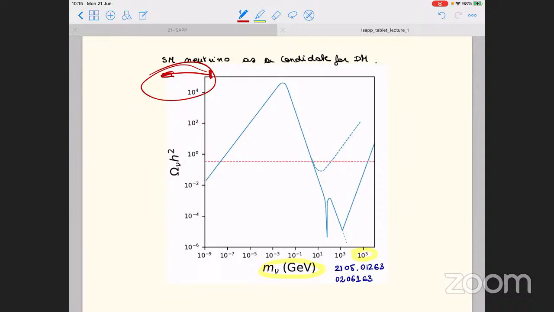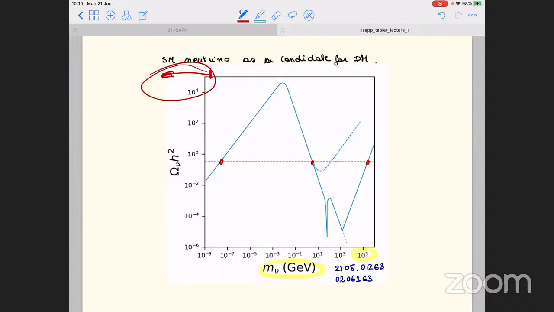But okay, one of my goals today is really to look at the standard model neutrino as a possible candidate for dark matter and why it cannot account for all the dark matter. We know very well that, if we take into account particle experiments, it should be smaller than eV or so.